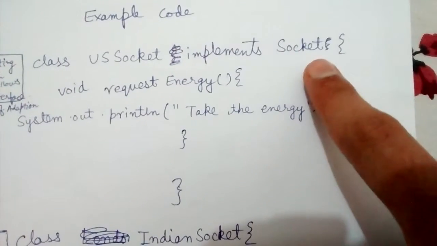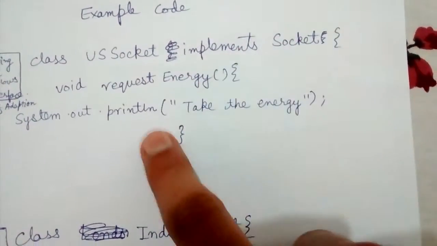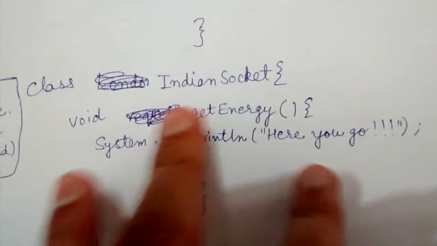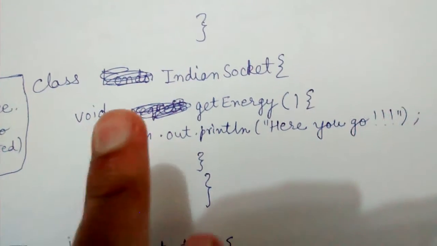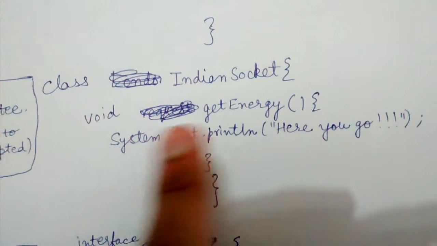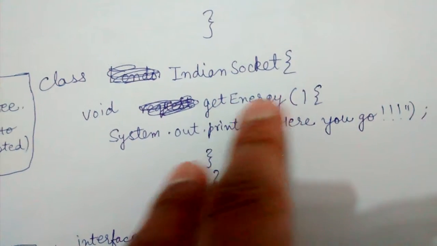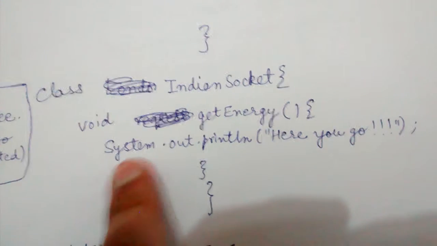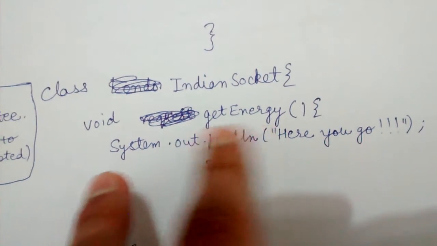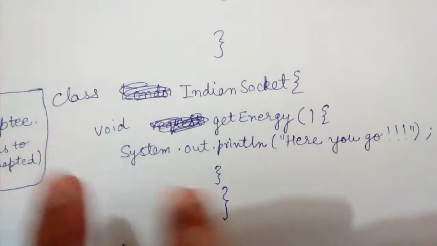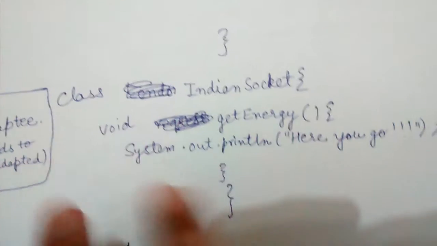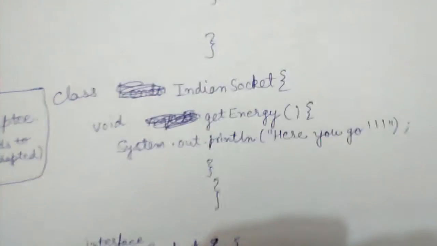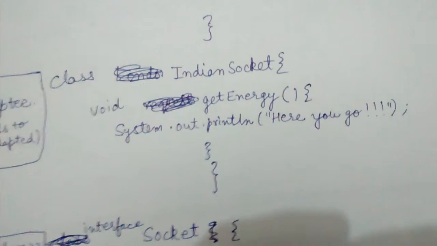The US socket was implementing the socket interface which our client is familiar with, but the Indian socket is totally different. Our hairdryer can't be plugged in there. It has a get energy method which our client is not familiar with. So the client somehow needs to adapt to this Indian socket. So what we want to do is write an adapter class.